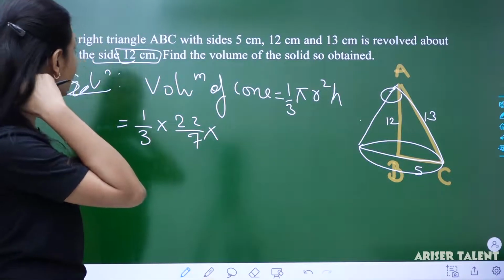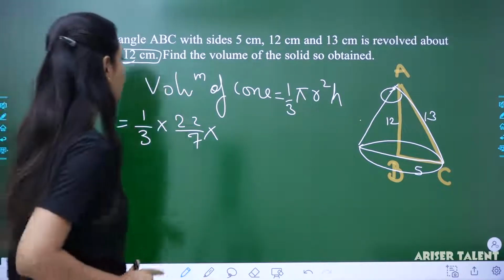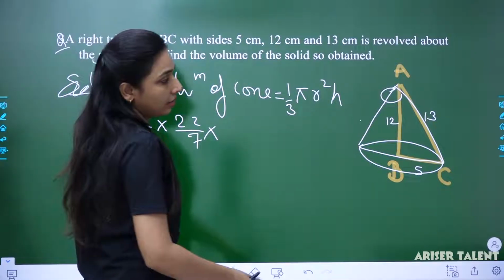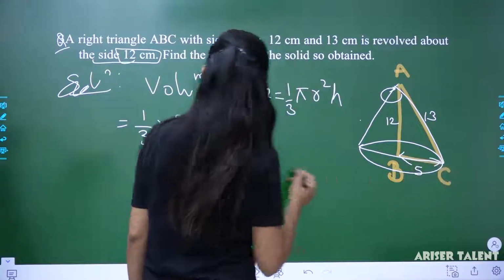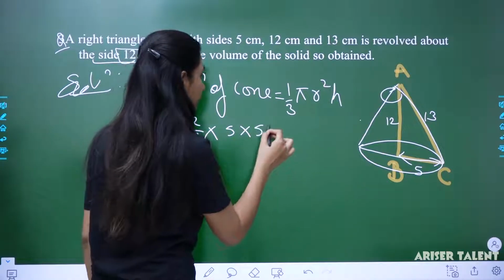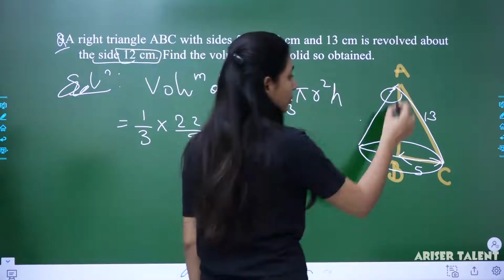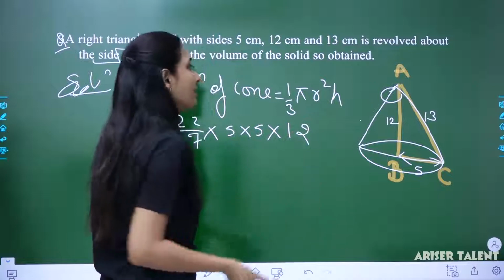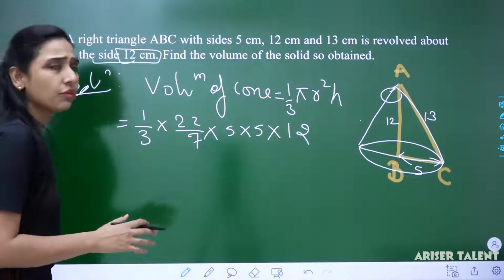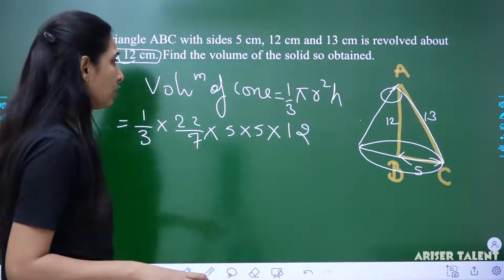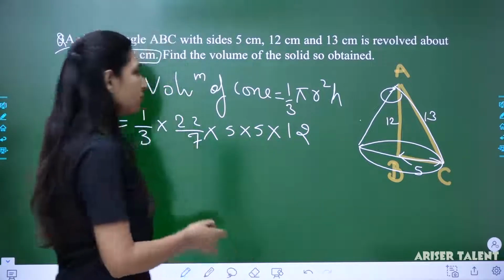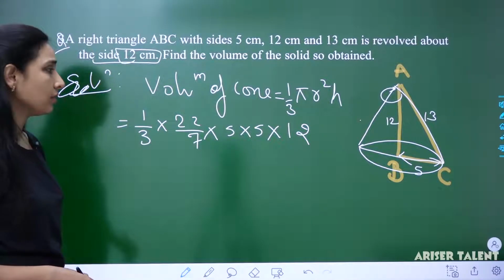All is in centimeters. Okay. So r is radius which is 5. So 5 and 5. Multiply by the height only. So you'll be using this 12. Now why 13 is giving? It's just to confuse you. Okay. It's no use. So 5, 5 and 12. Right? 12 it is. Okay.